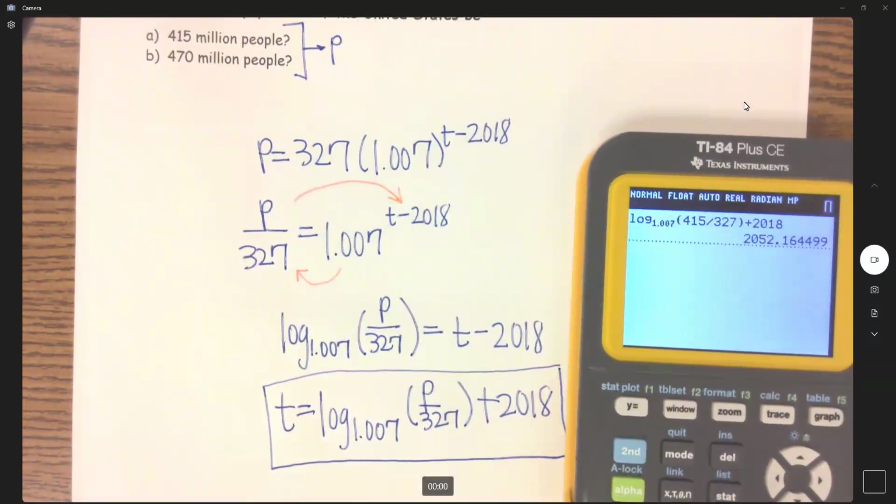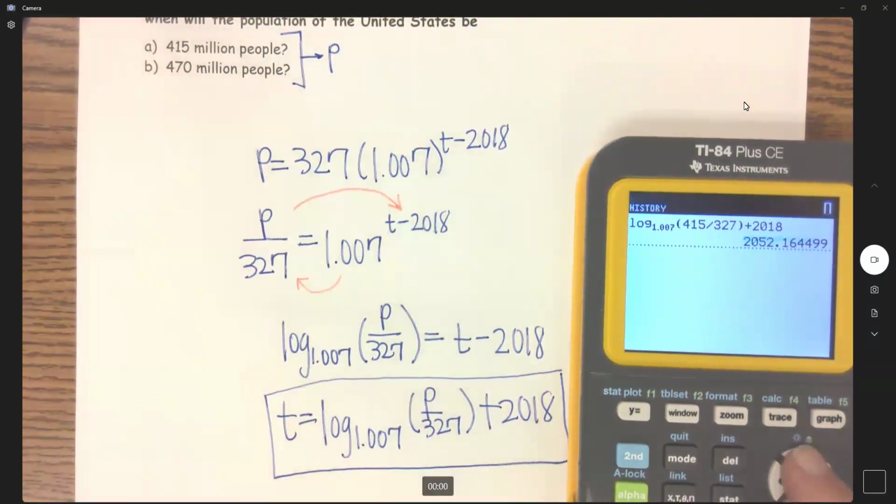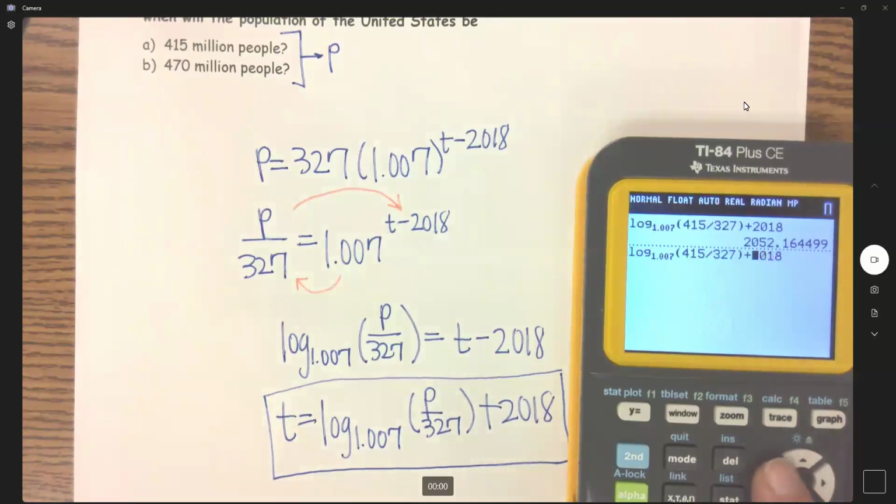And in the year 2052, we will have about 415 million people. Change that to 470, and about 2070, we'll have 470 million people.